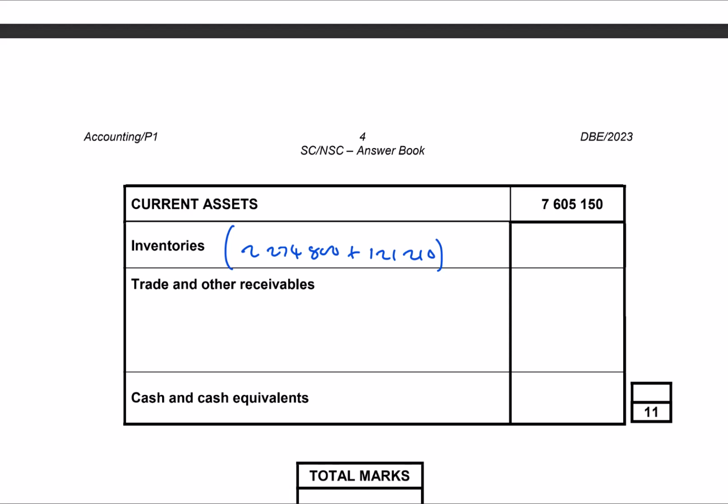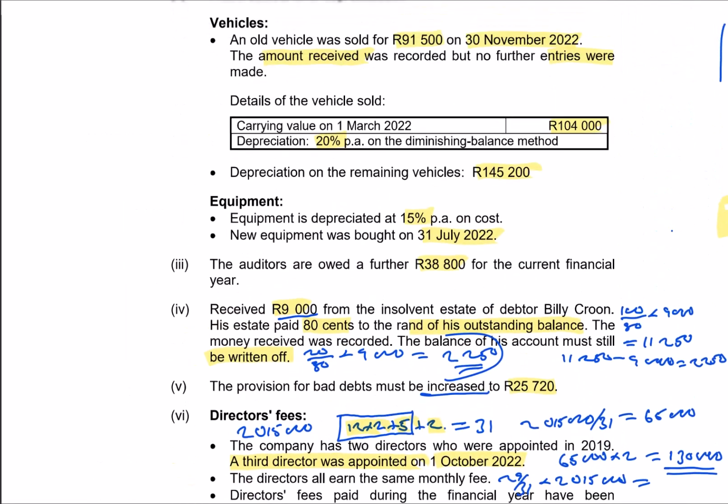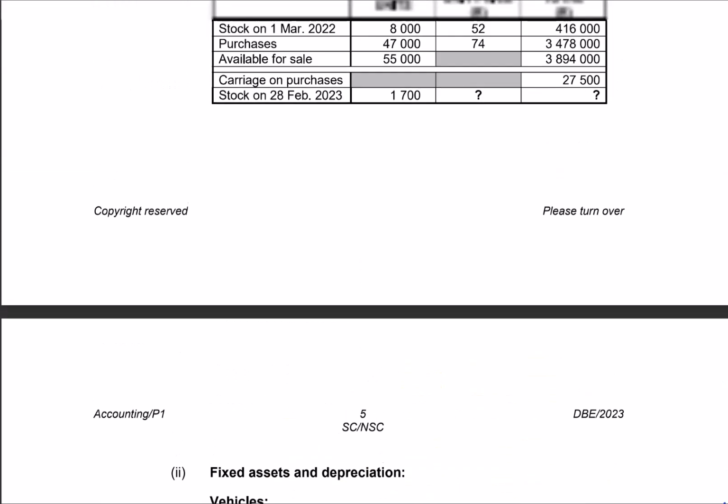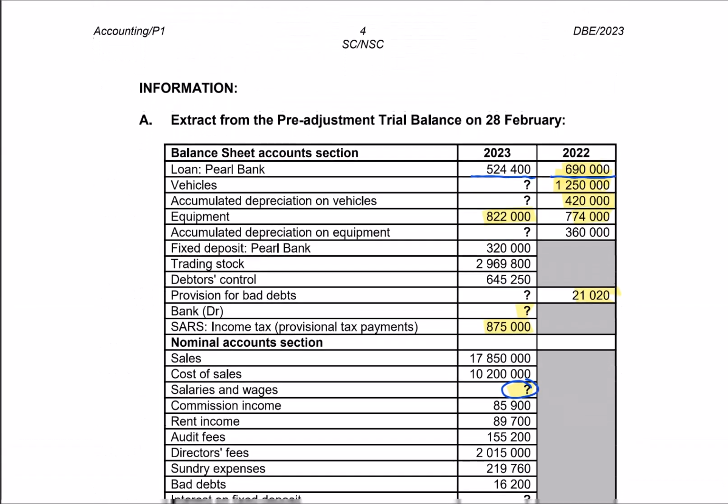Right, so here we have trade debtors. Let's look at the trade debtors.